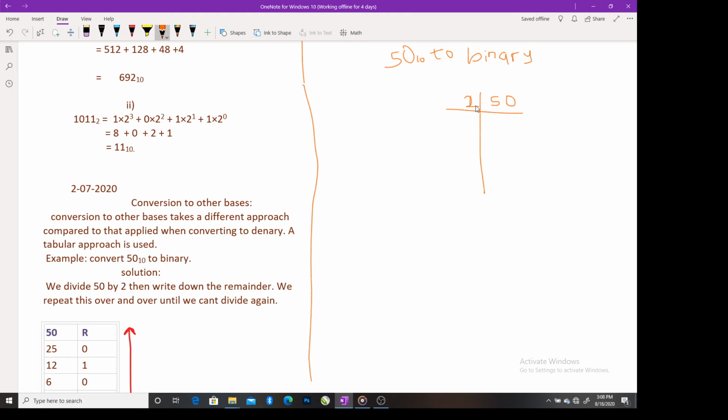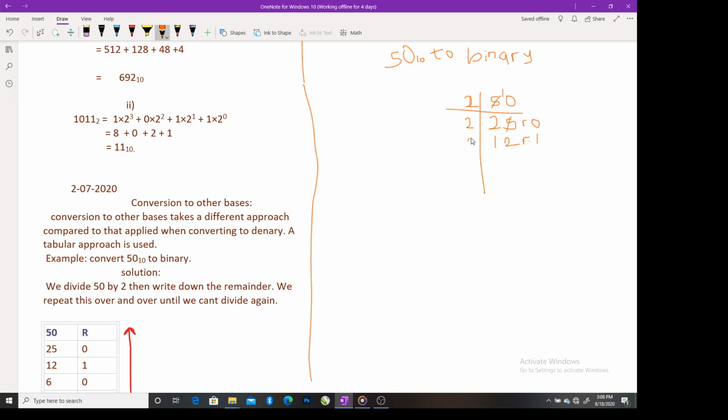2 in 5, it is 2, remainder 1. And that becomes 2 in 10, that is 5, remainder 0. You note your remainder. You divide again until you can't divide again. 2 in 25, that will be 12, remainder 1.